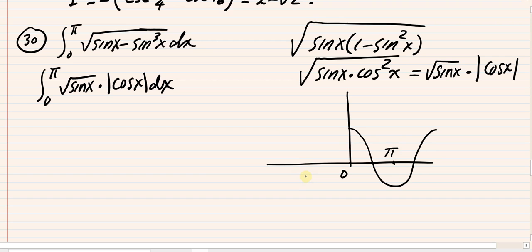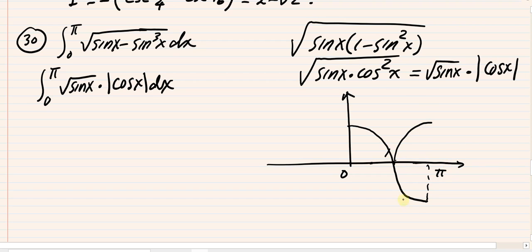I don't need this portion of the graph, we're looking at this portion. The absolute value of cosine x is going to look like that. This portion reflects up here.